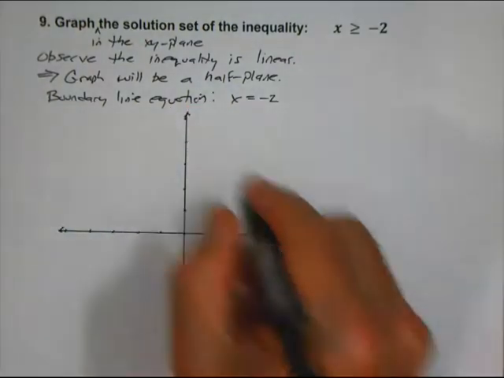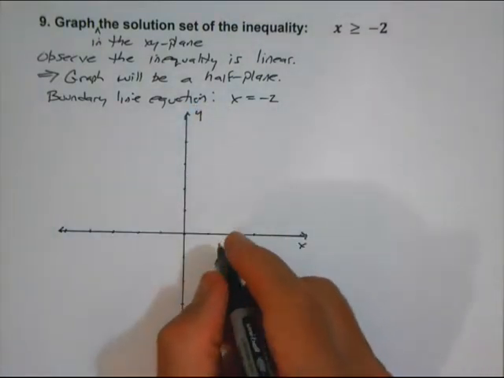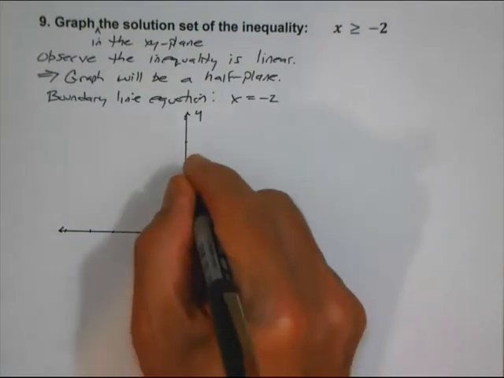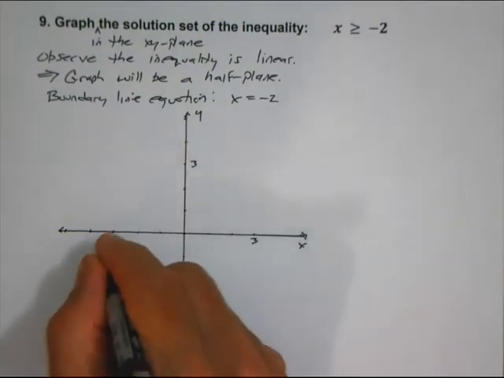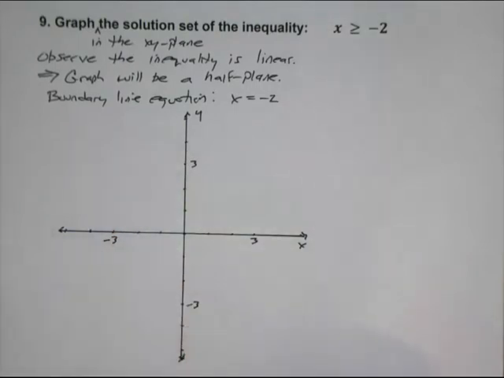Labeling axes. Scaling axes. 1 centimeter is 1 unit. Okay, get out a contrasting color to sketch up our boundary line.